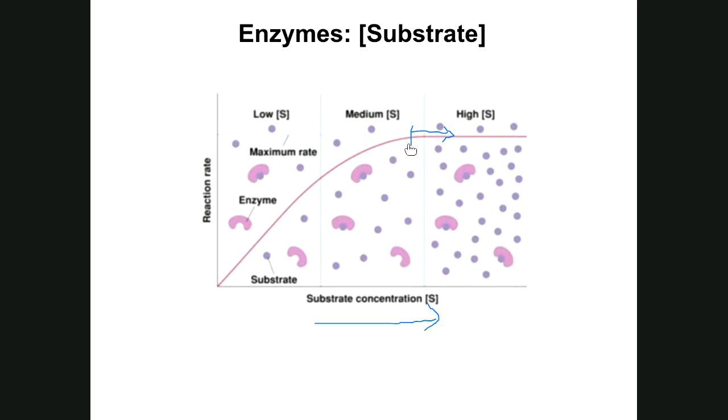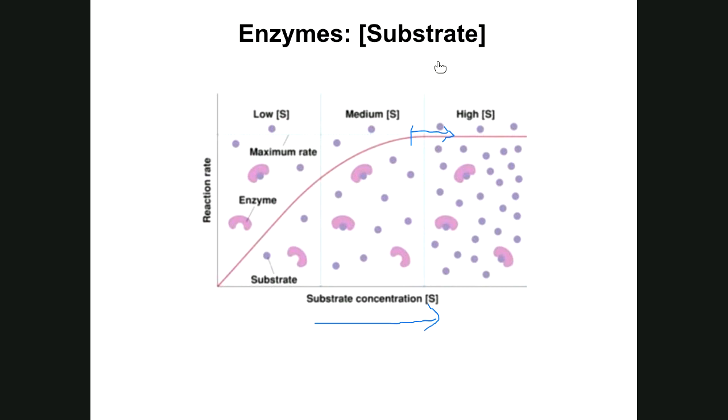This is the maximum amount of product I can produce because that's the maximum amount of substrate I'm capable of converting to a product. Give me more substrate if you want. I can't work any faster. I'm saturated. I'm overworked.